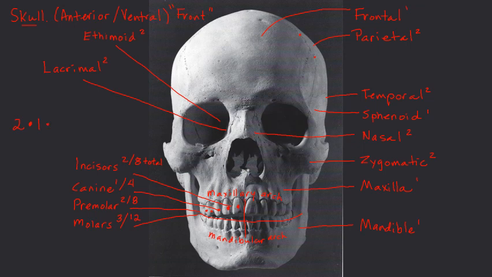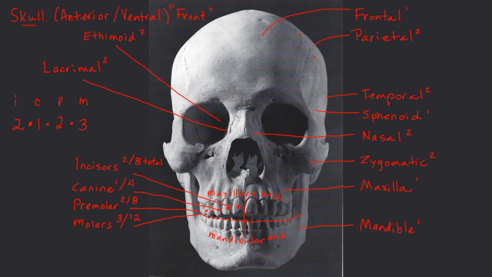So really this lends us to a dental formula where we have 2 incisors, 1 canine, 2 premolars, and 3 molars. And this is also a dental formula that we find, for example, among gorillas.